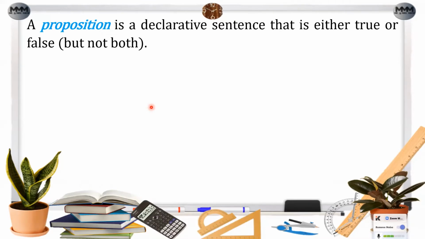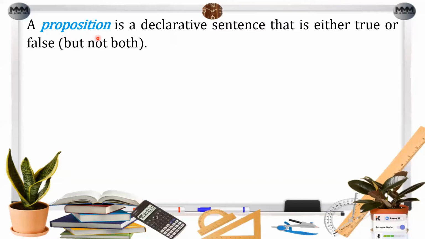Now, a proposition is a declarative sentence that is either true or false, but not both. A declarative sentence is a sentence that makes a statement, or expresses a complete thought, or provides a fact, or offers an explanation, or conveys information.